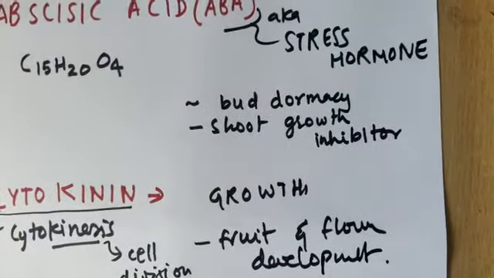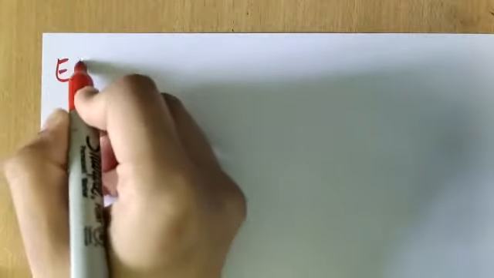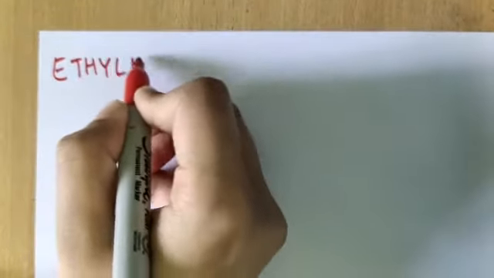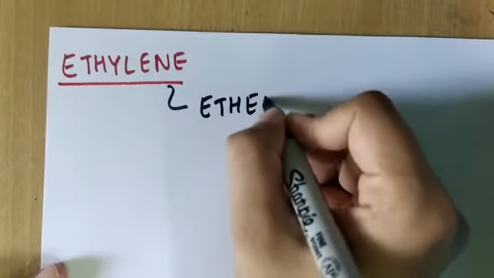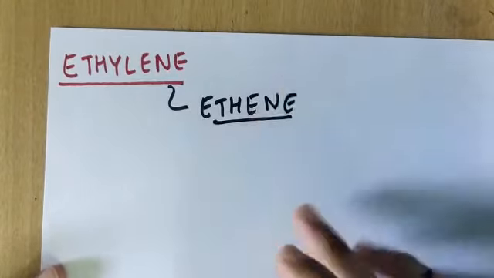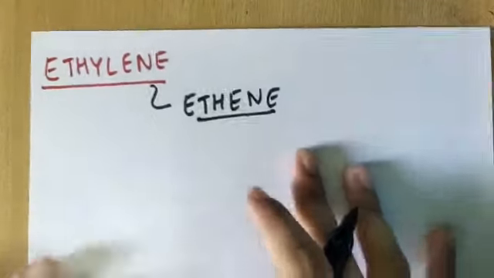The last hormone I'll talk about is ethylene. Ethylene is nothing but a fancy name for ethene. The IUPAC name of ethylene is ethene.